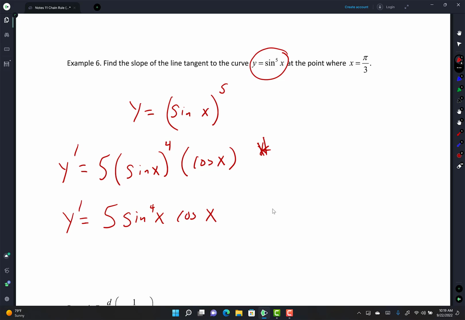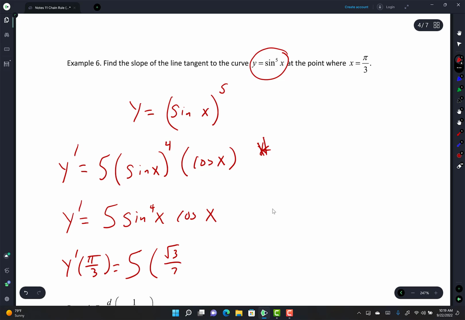All right, here we go. Y prime at pi over 3 equals 5, parenthesis, what is sine of pi over 3? Let's see if you guys remember. Square root of 3 over 2. Pi over 3 is 60 degrees.